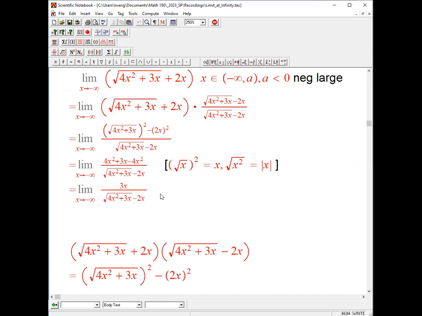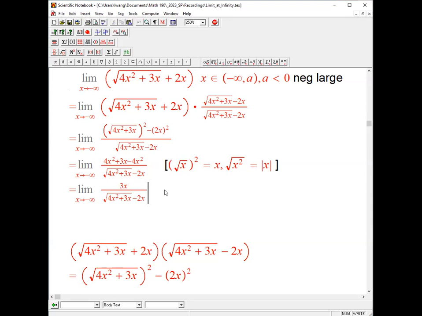I'd be stuck. So you see, in this situation we still cannot do anything. Why? Because as x approaches negative infinity, the top approaches negative infinity and the bottom approaches positive infinity minus negative infinity, and we still cannot use the limit law.